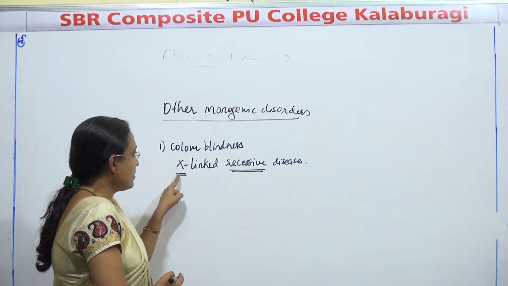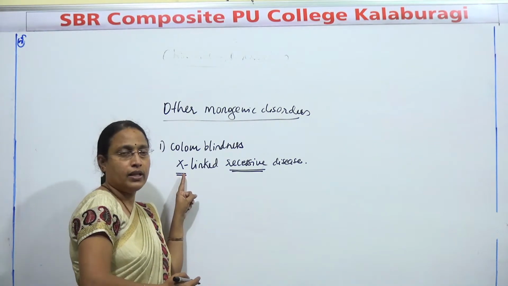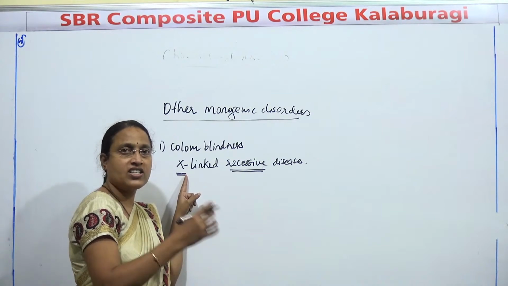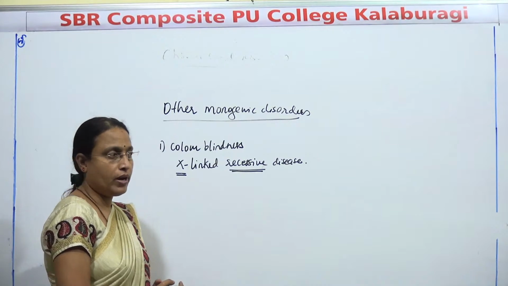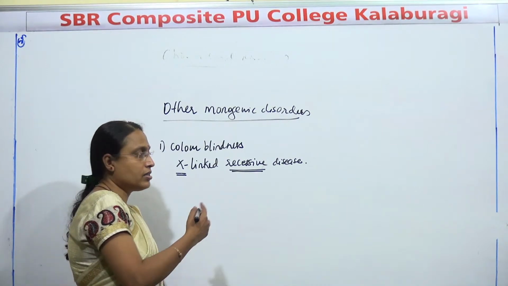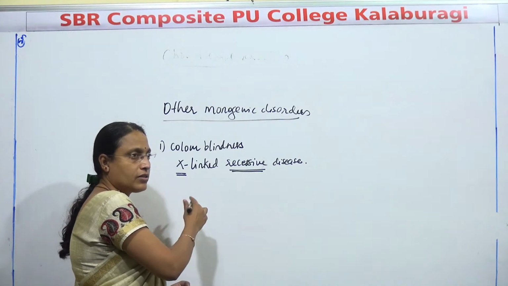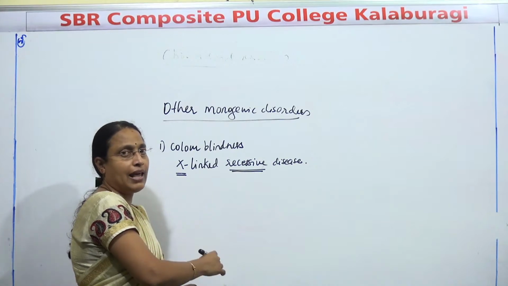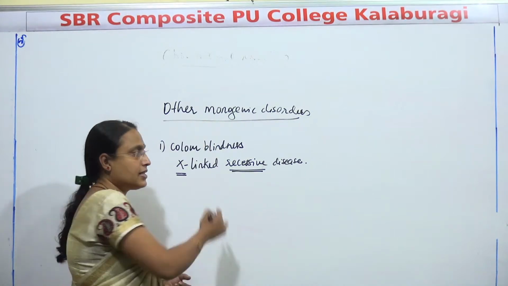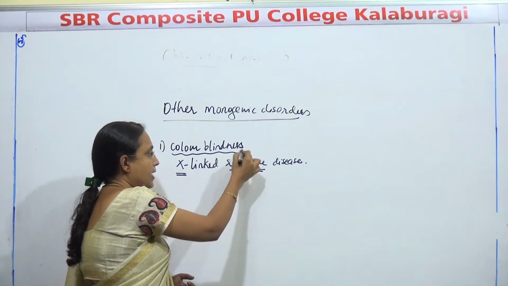Since it is similar to hemoglobin, the pattern of transmission from one generation to the next is also similar. What was the pattern of inheritance there? It was crisscross inheritance, or zigzag pattern of inheritance. The similar pattern will be present in color blindness.